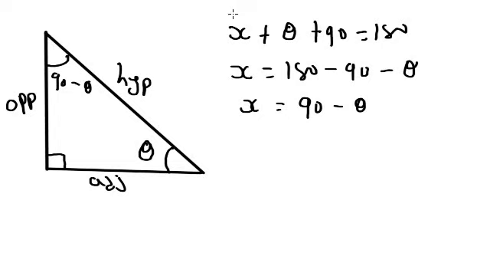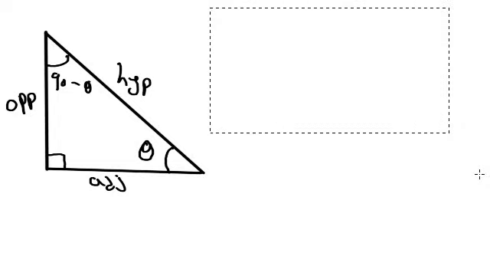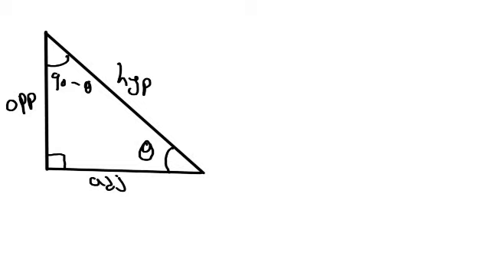Now, if that is the case, let's try to sort down some things. So get your pens and get your notes ready, because we are trying to observe some relationships or similarities. According to the first three trigonometric functions, which are sine, cosine, and tangent, what would be the sine of angle theta?